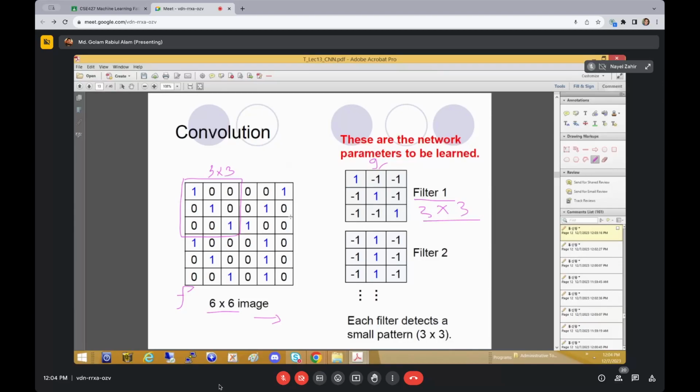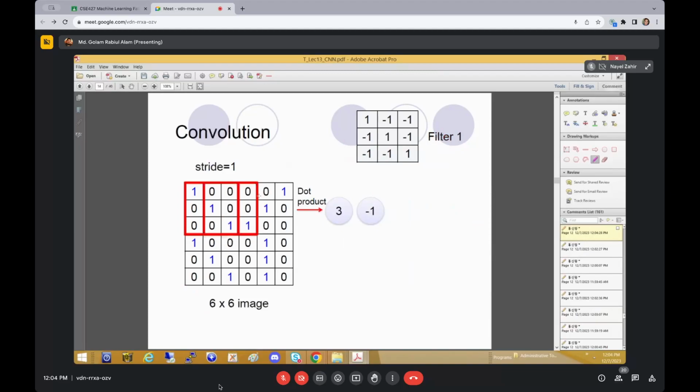Here is also 3 by 3. We can perform the convolution operation. For the first phase, this is our 3 by 3 patch, and here is our filter of 3 by 3.